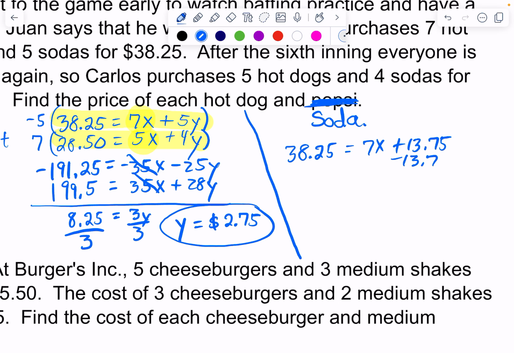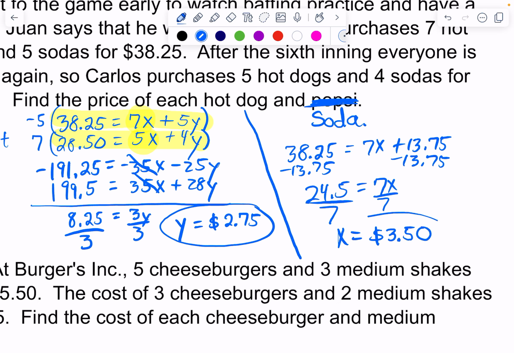Subtract that from both sides. And then solve for x by dividing by 7. And x is $3.50 for every hot dog.